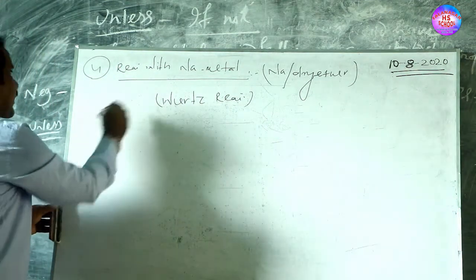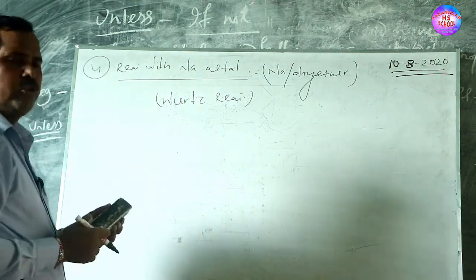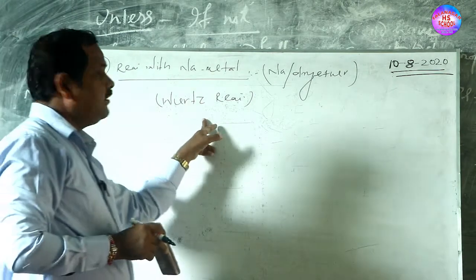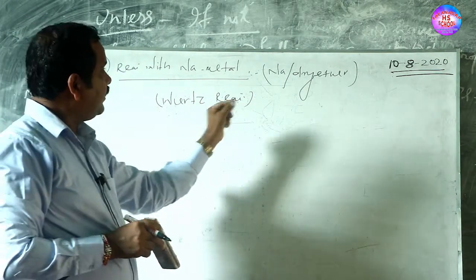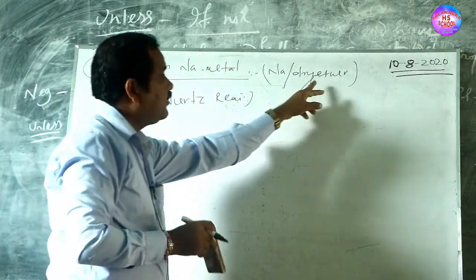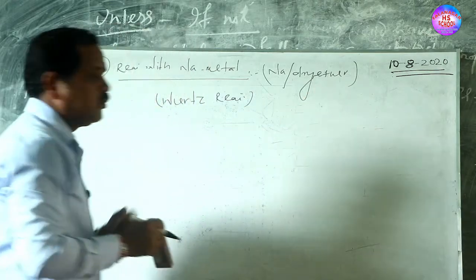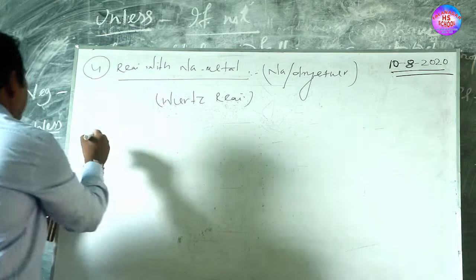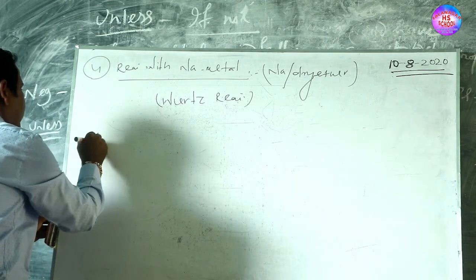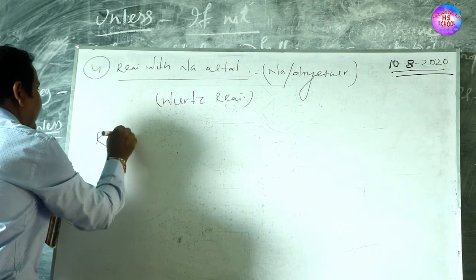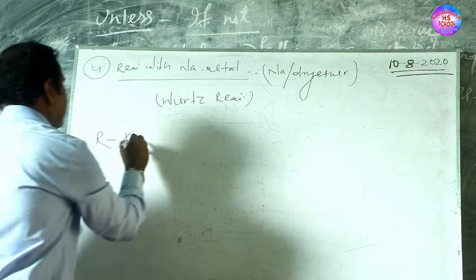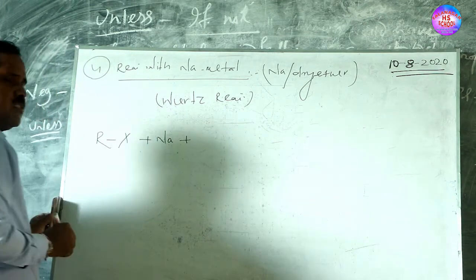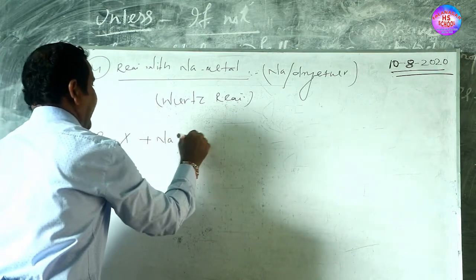So in this reaction, two molecules of alkyl halides react with sodium metal in presence of dry ether to produce a higher alkane. So in general, we write RX plus sodium metal plus XR.